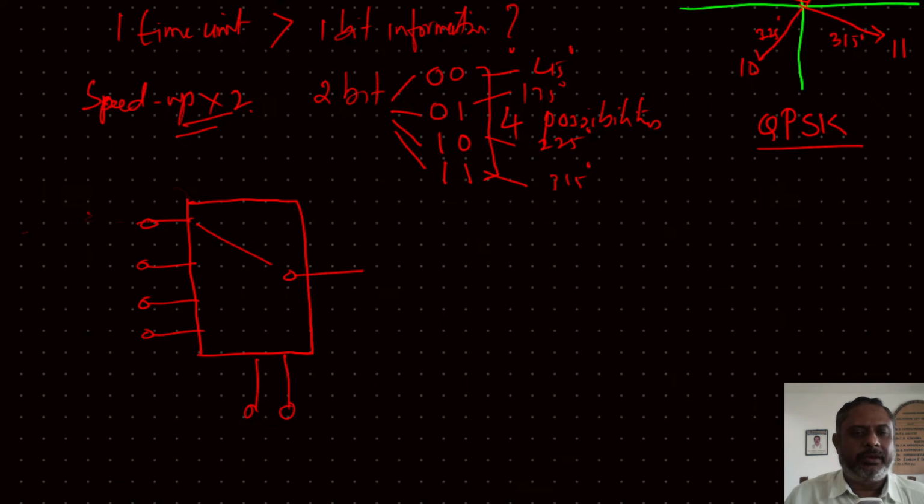So this we have a sinusoidal with a phase shift of 45 degree. This we have a sinusoidal of phase shift of 135 degree. This has a sinusoidal of 225 degree phase shift, and this has a sinusoidal of 315 degrees phase shift.